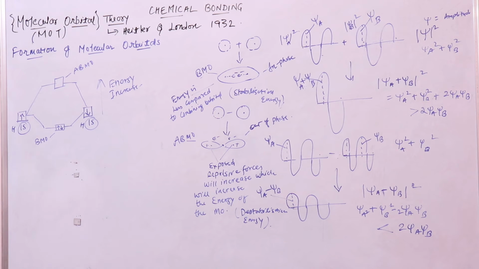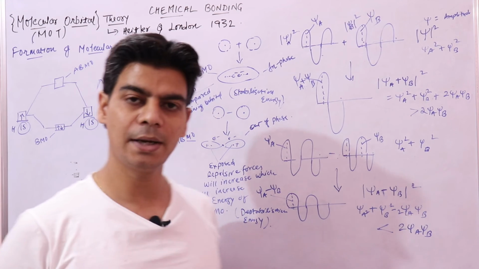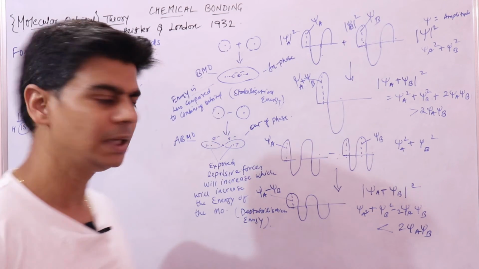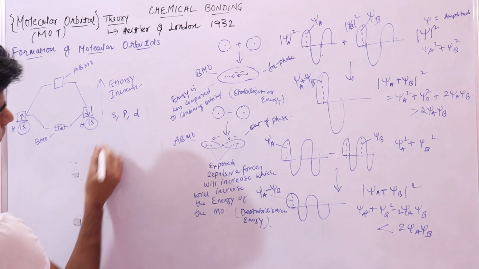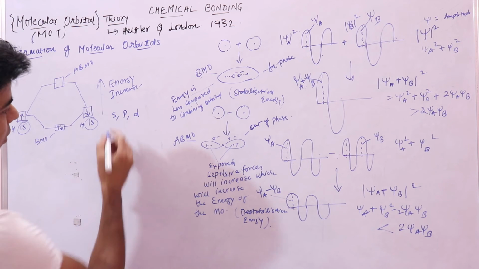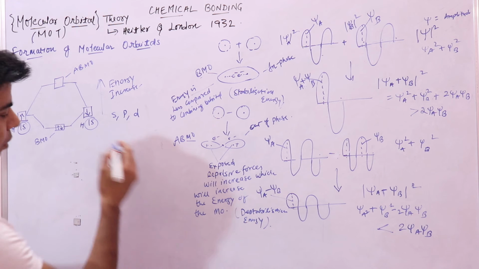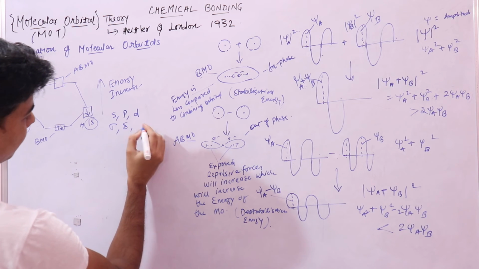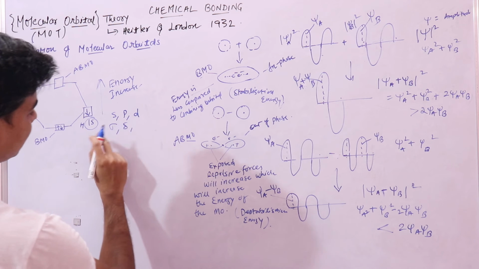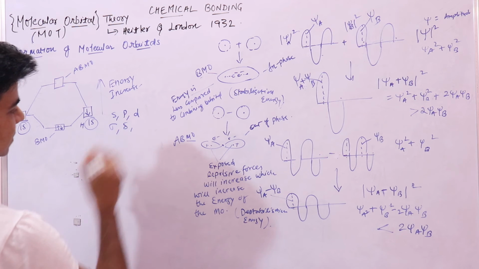Okay, one important thing: we used to denote atomic orbitals by s, p, d. Similarly, we denote molecular orbitals by sigma, pi and delta.